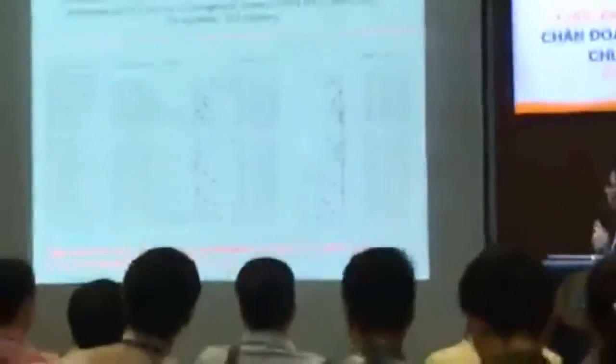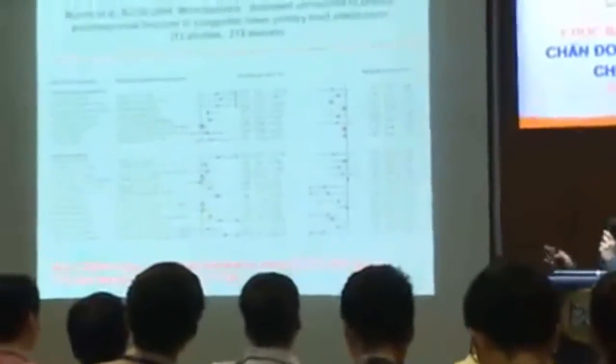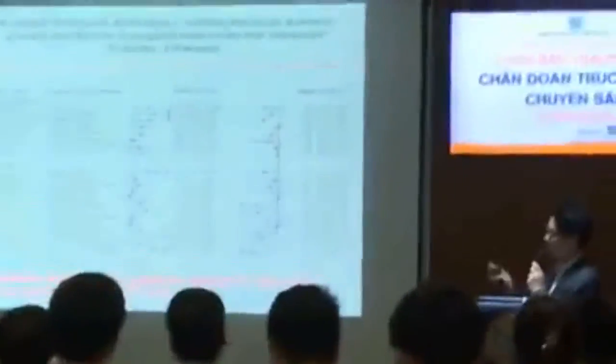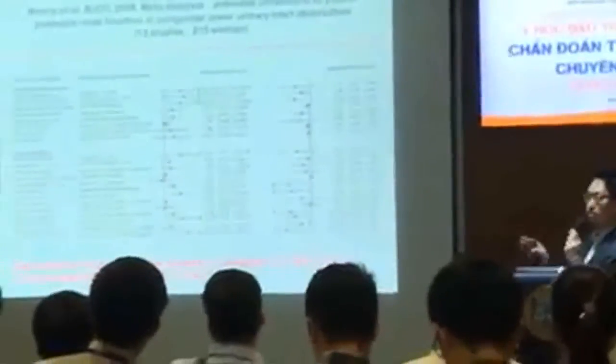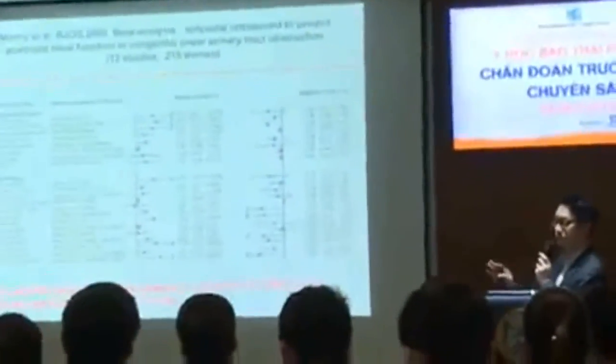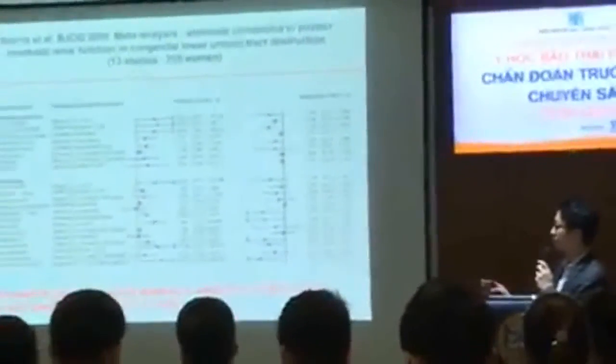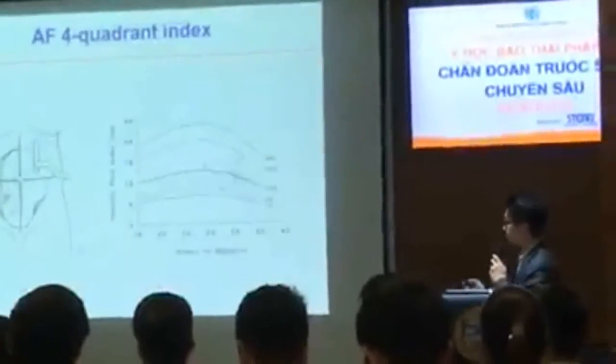So all the studies show that if you want to do prenatal follow-up or predict the prognosis, you have to see the renal cortical appearance, and the ratio of cortical appearance is quite important.